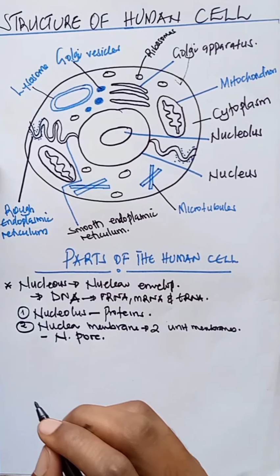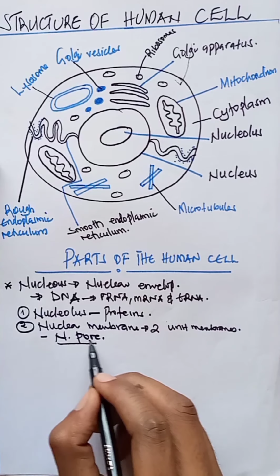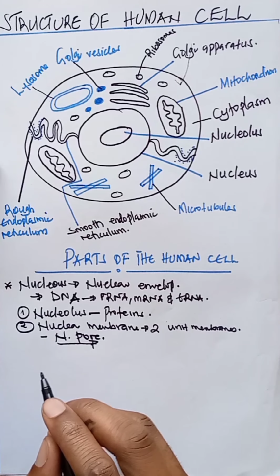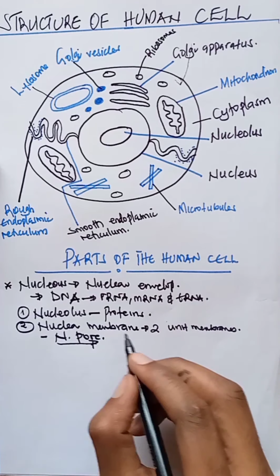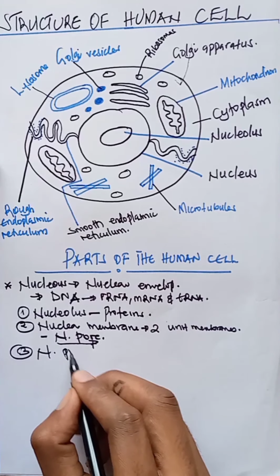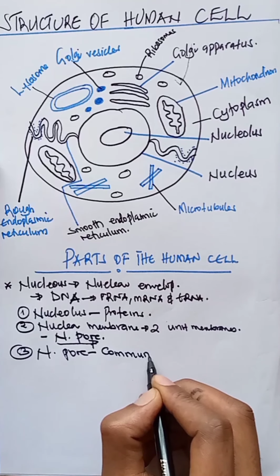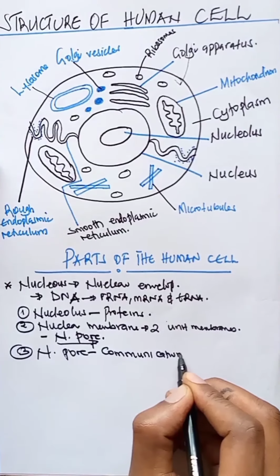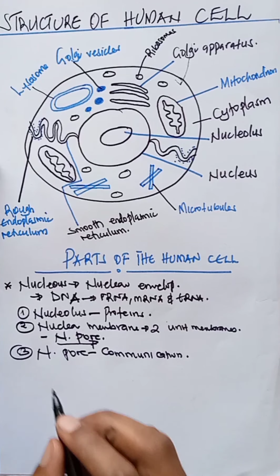The other part which is very important, from the nuclear membrane, is the nuclear pores, which act as avenues for communication between the nucleus and the cytoplasm.